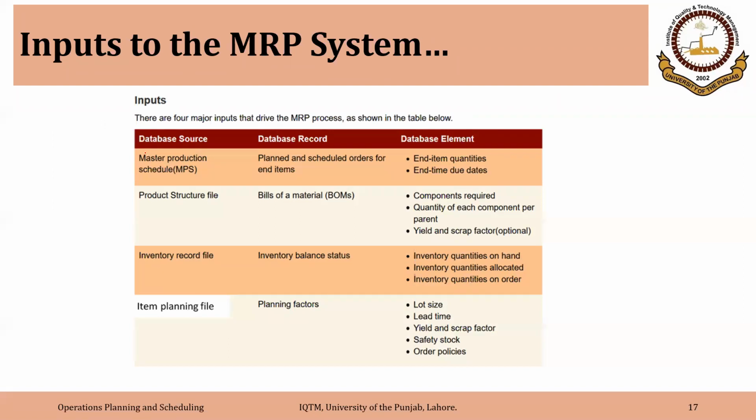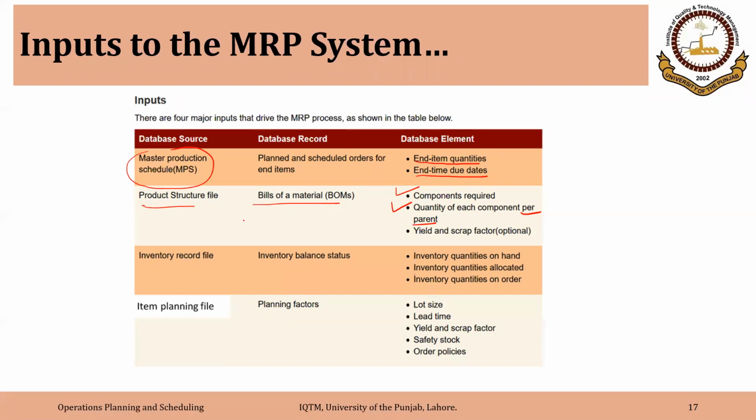So first MPS. It gives us the information about end item quantities and end item due dates. Then the product structure that contains the bill of material gives information about the components required and quantity of each component per parent. And there are some optional factors that could be there in the product structure file, like yield and scrap factor.